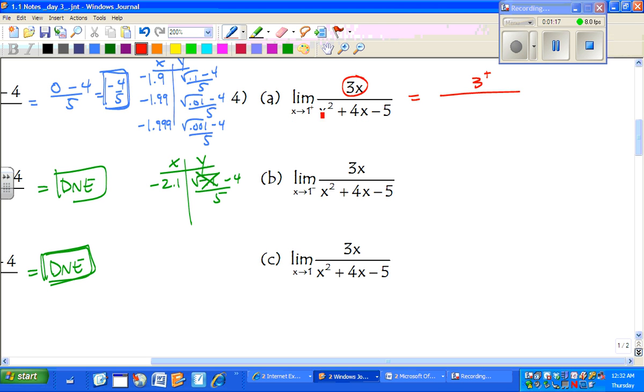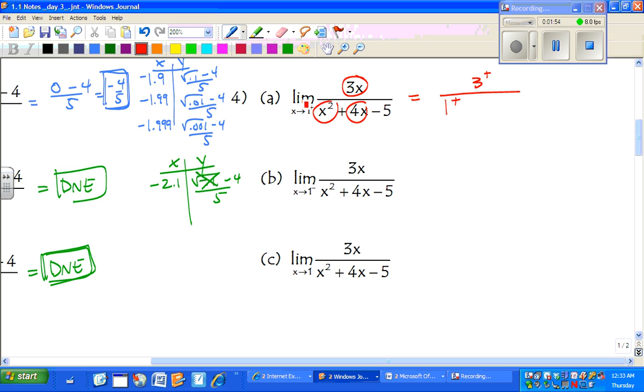For this, down in the bottom, if we look at the x squared, the limit as x approaches 1 from the right of x squared. 1.1 squared is going to be a little bit bigger than 1. 1.01 squared, also going to be a little bit bigger than 1, but closer to 1. 1.001 squared, going to be close to 1, but even closer than before. So as we're getting closer and closer to 1 from the right, this part is getting closer and closer to 1 from the right.